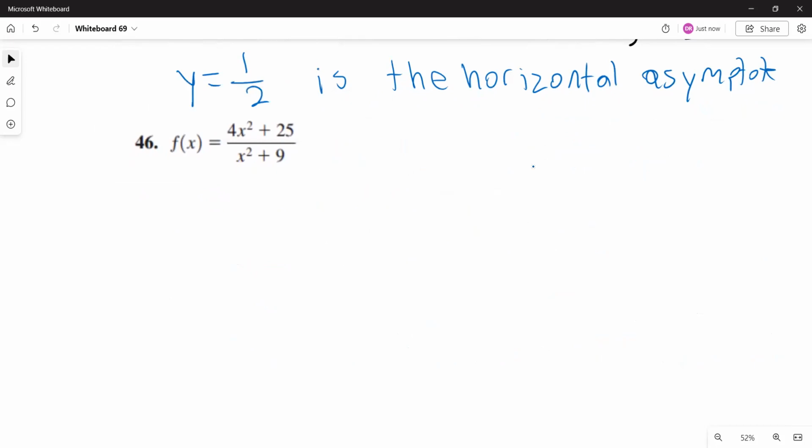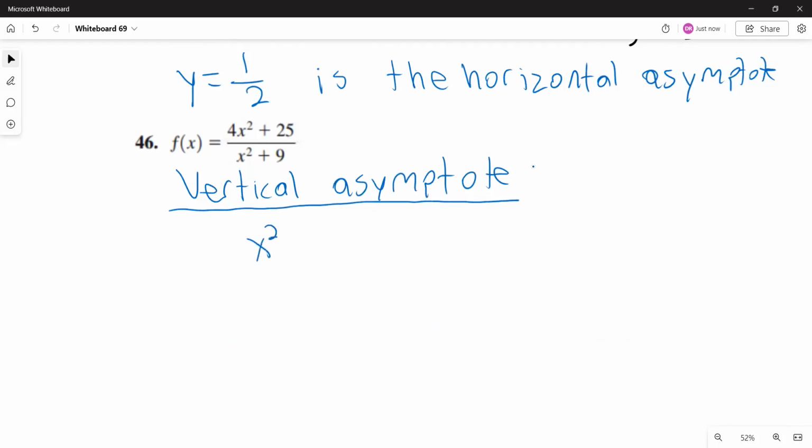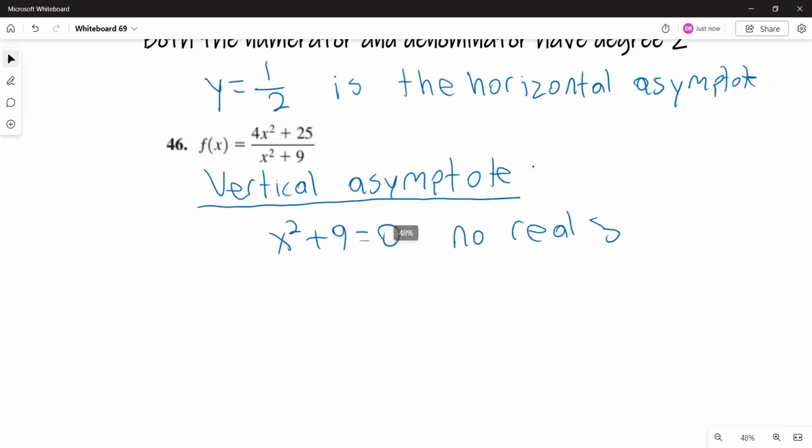Let's start with the vertical asymptote. If you set x squared plus 9 equal to 0, this has no real solution, since x squared plus 9 is always positive. If the solutions are complex, there is no vertical asymptote.